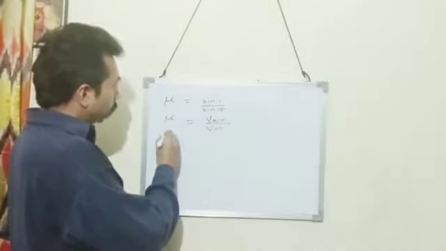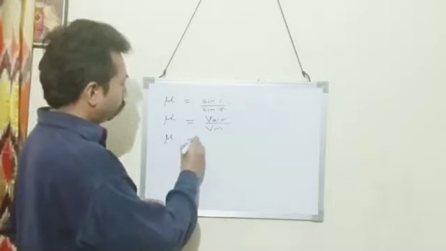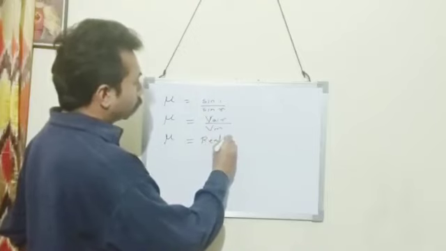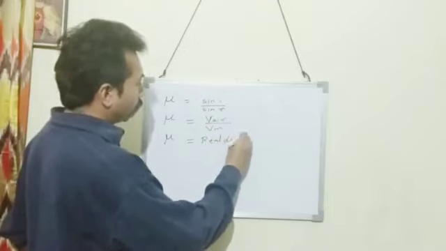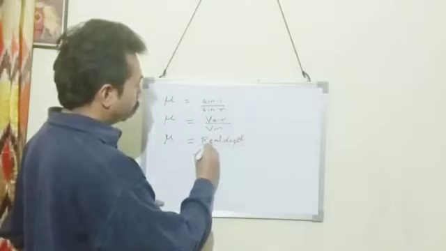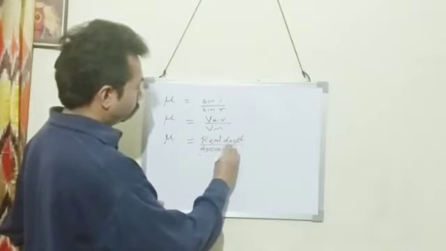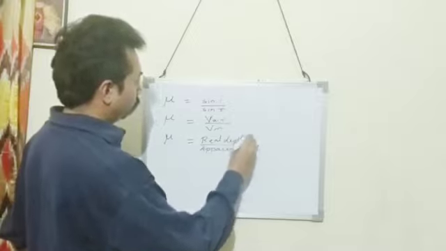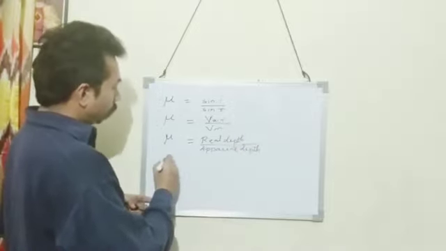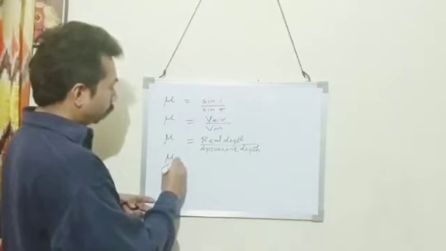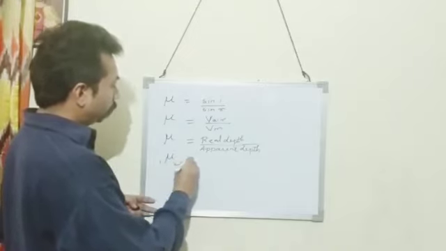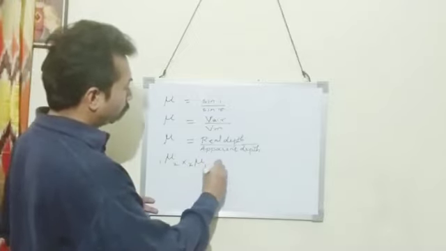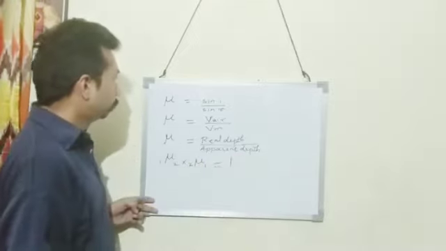Then refractive index is equal to real thickness upon apparent thickness, real depth upon apparent depth. Then refractive index of second medium with respect to first medium into refractive index of first medium with respect to second medium is equal to 1.